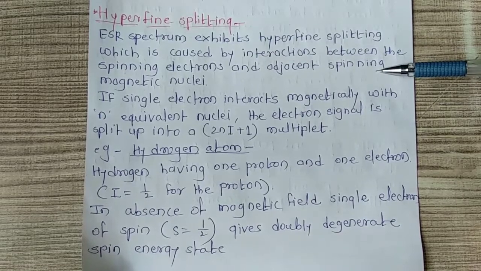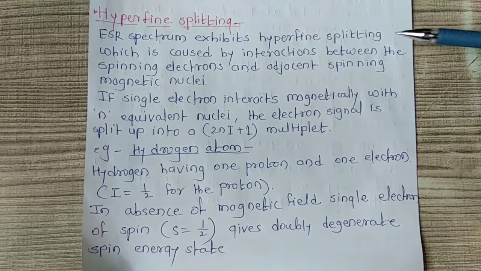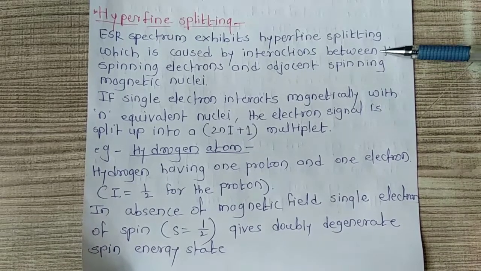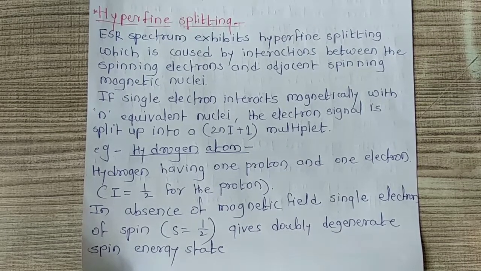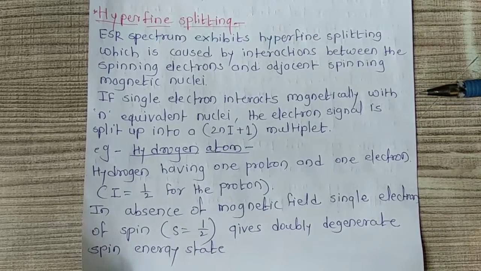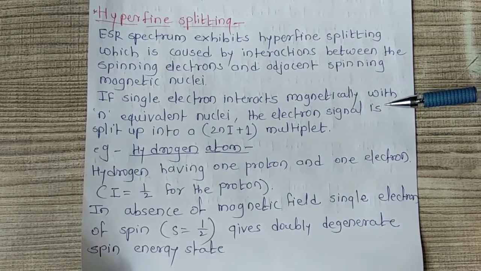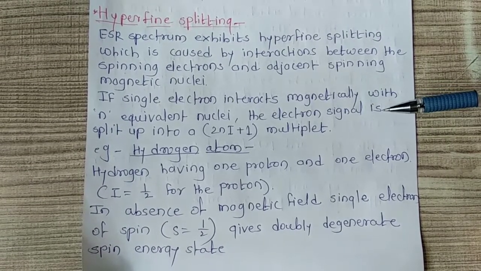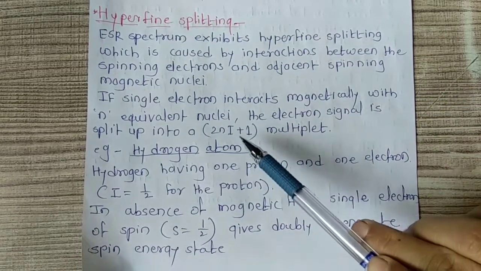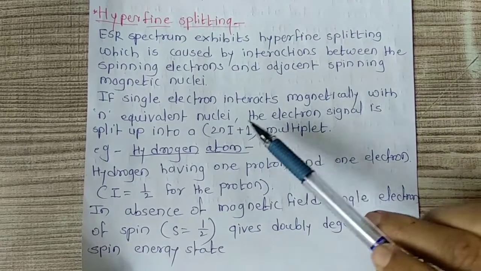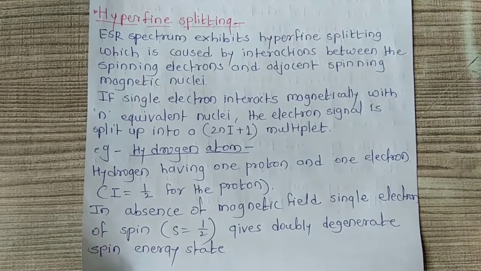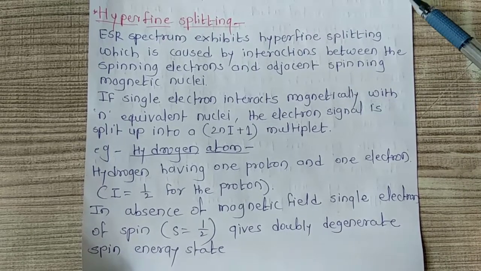What is hyperfine splitting? In an ESR spectrum, the interaction between the spinning electron and the adjacent magnetic nuclei, and the resulting lines generated, is called hyperfine splitting. If a single electron interacts magnetically with N equivalent nuclei, the electron signal is split into a 2NI plus 1 multiplet, meaning it gives that number of lines, 2NI plus 1. N means the number of equivalent nuclei and I means the spin of those nuclei.